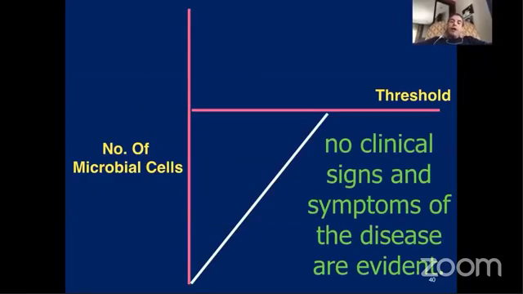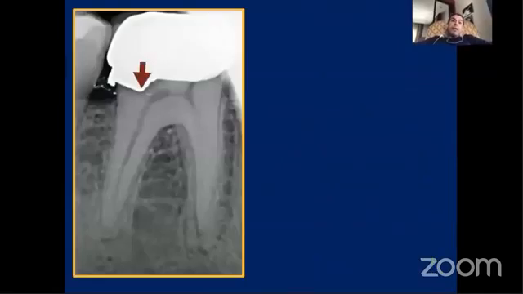And because of this, sometimes we see such a case here. There's no vitality test, and the patient has no signs, no symptoms, no periapical lesion. Why? Because the number of microorganisms now are not proper.